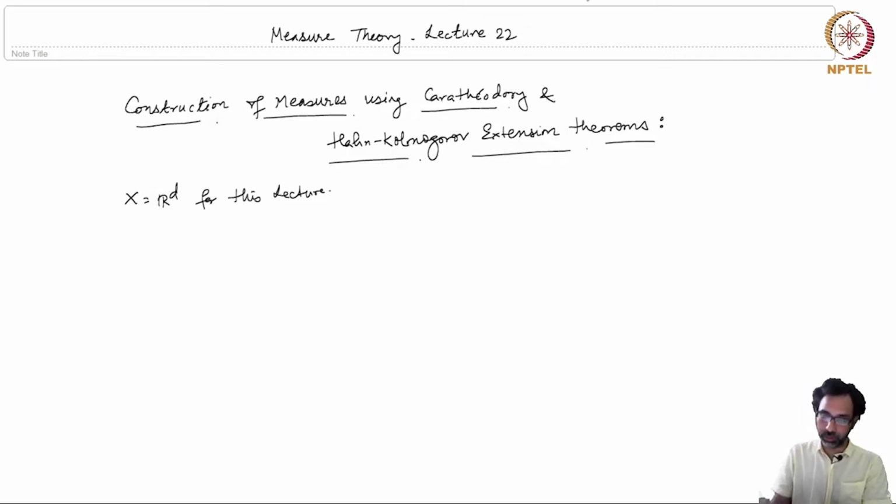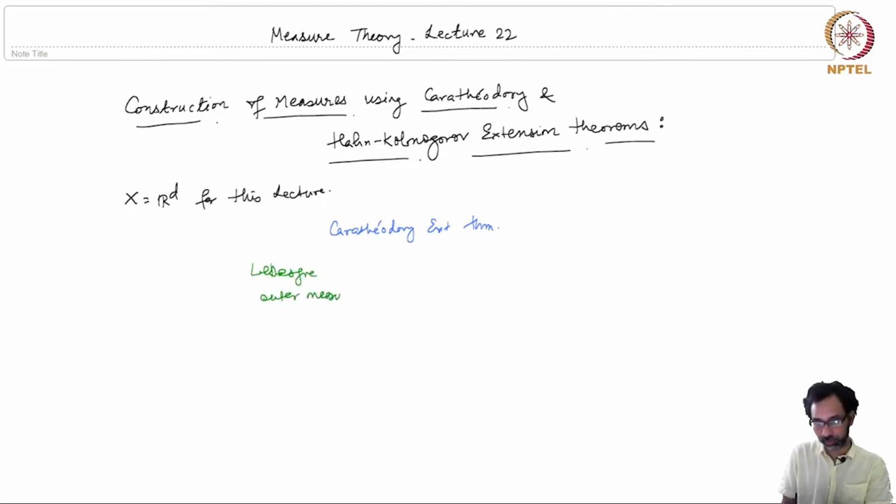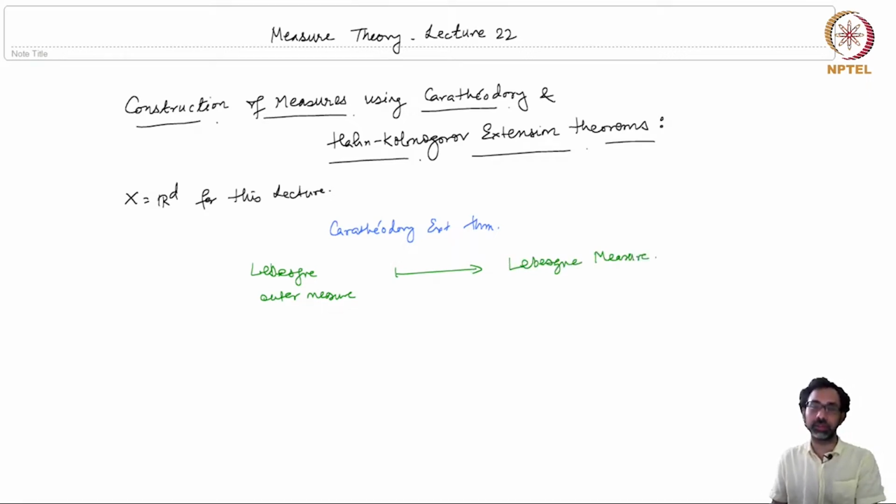We have seen from the Carathéodory extension theorem, from the Lebesgue outer measure, we got the Lebesgue measure. We proved in the last class that the Carathéodory measurable subsets are exactly the Lebesgue measurable subsets.